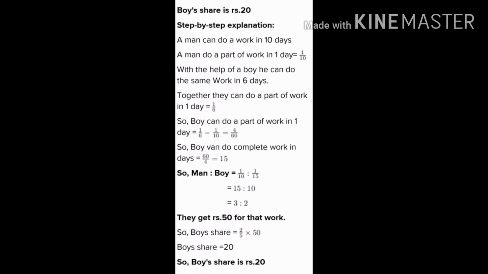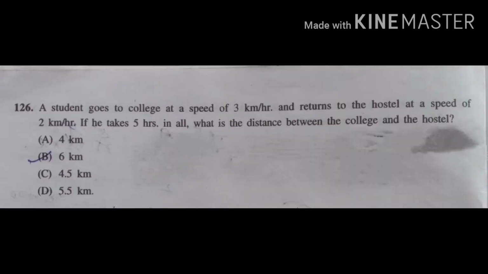So the boy can do the complete work in 60 upon 4 is equal to 15 days. So the man and boy ratio is 1 upon 10 ratio 1 upon 15, 15 ratio 10, 3 ratio 2. They got rupees 50 for that work. So the boy's share is 2 upon 5 into 50 is equal to 20 and the man's share is 30. So option A is the correct option in this question.